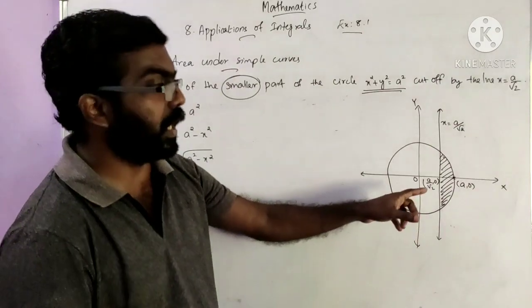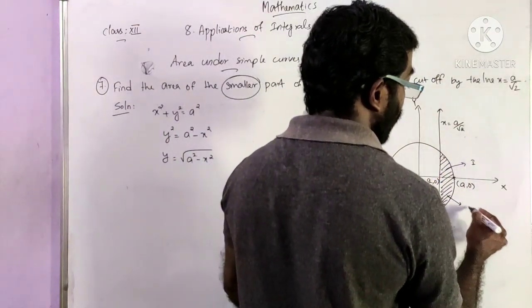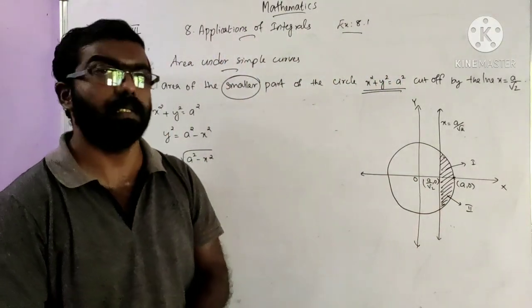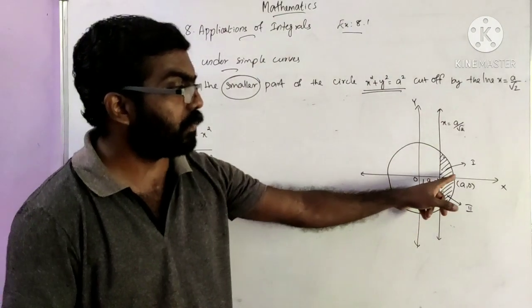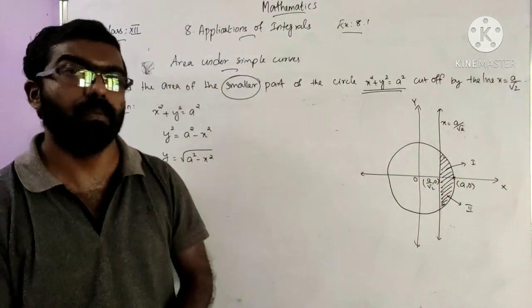So first we can find the area of this portion. First part, this is second part. These two parts are symmetric about the x-axis. So we can find the area of the first part and multiply the result by 2. Clear?